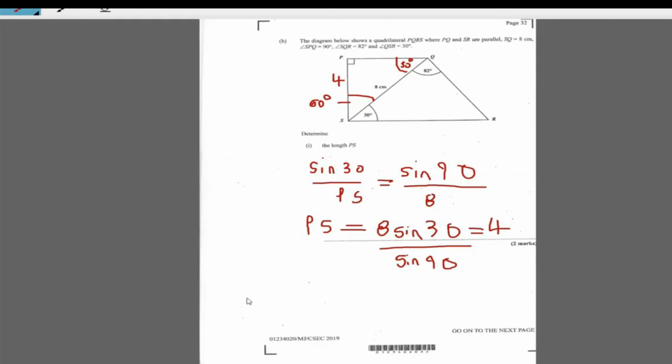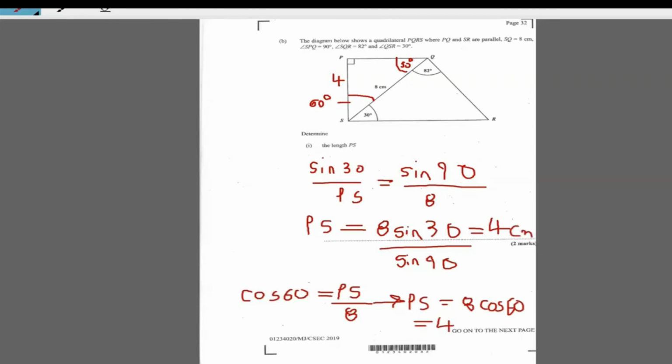The cos of 60 is equal to the adjacent PS over the hypotenuse of 8, so PS is equal to 8 cos 60. Depends on which way you want to use it. Either way, you still get the answer being 4. 4 what? 4 centimeters. I like the sine rule.